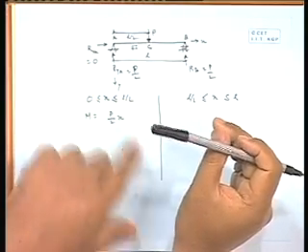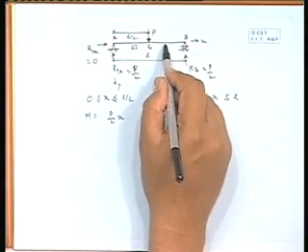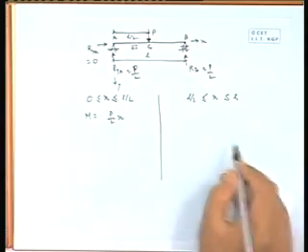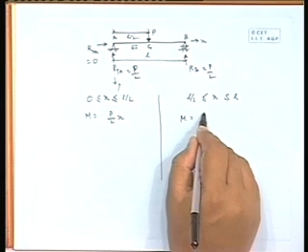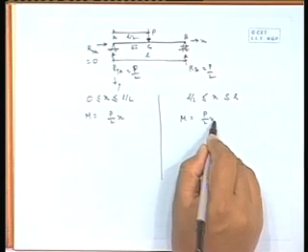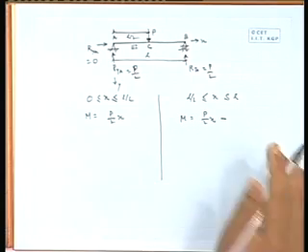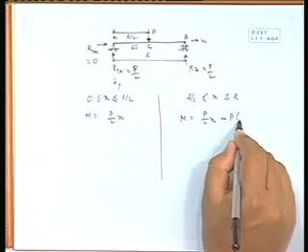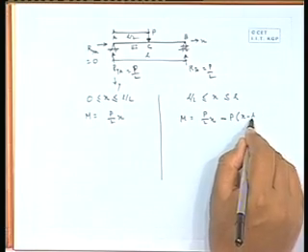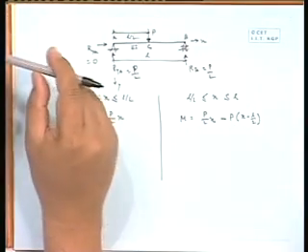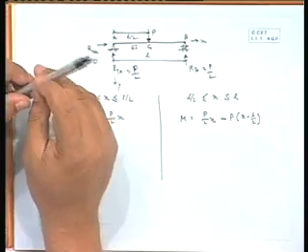So, it is P by 2 into x. Now, if we cross point C, your moment will be P by 2 into x minus something, that will be P into x minus L by 2. So, an additional force will involve an additional term in the expression.